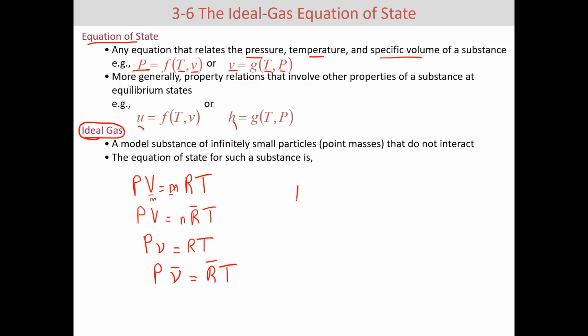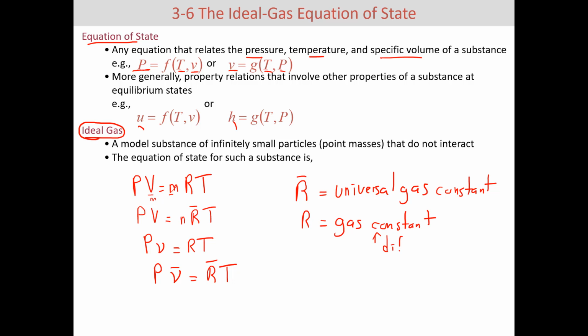So again, R bar is the universal gas constant. It is on a molar basis, and it is the same value for every single gas. And R is a gas constant, and it is different for different gases.